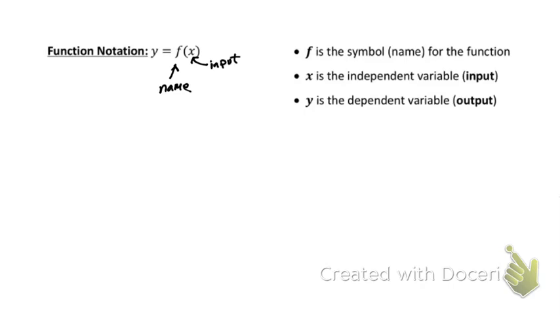So if I said f of 2, I'd be talking about the function f, and I'm going to plug a 2 in for all my x values. y is just the output. So if I plug in 2 and I get out 6, 2 is my input and 6 is my output. 2 is what I plug in, 6 is what I get after I do the work. I think that's the most important part about this one.